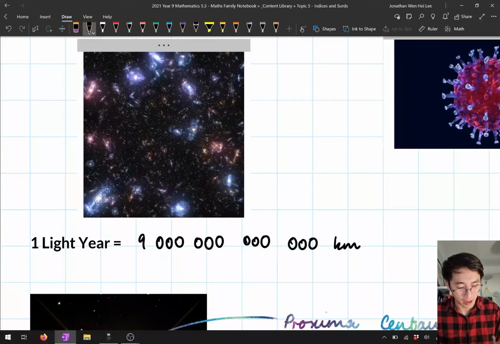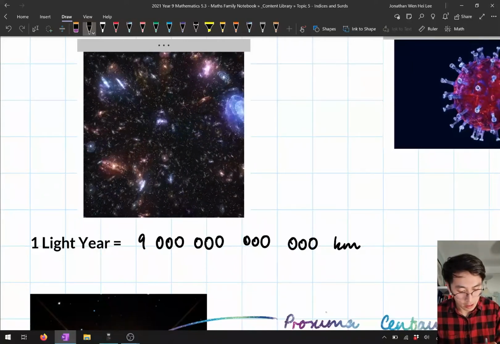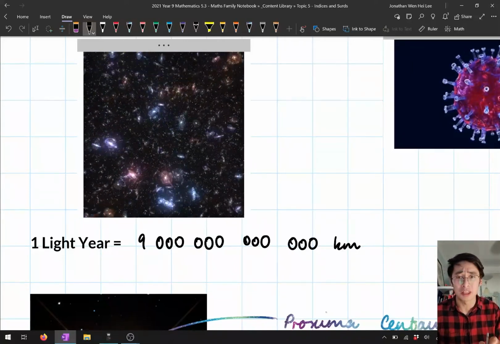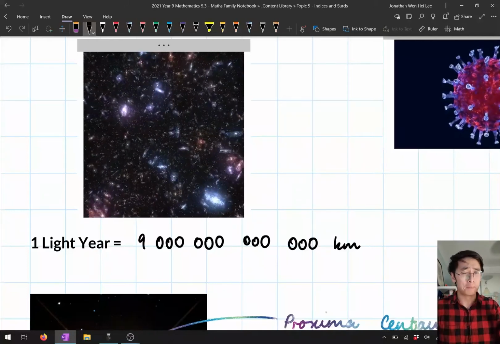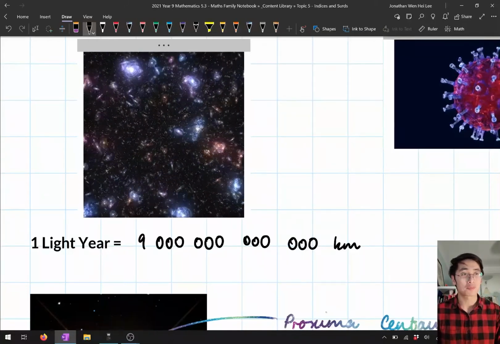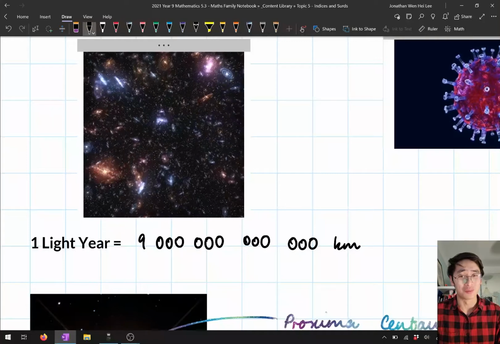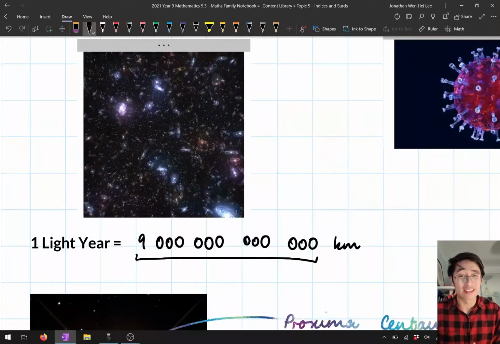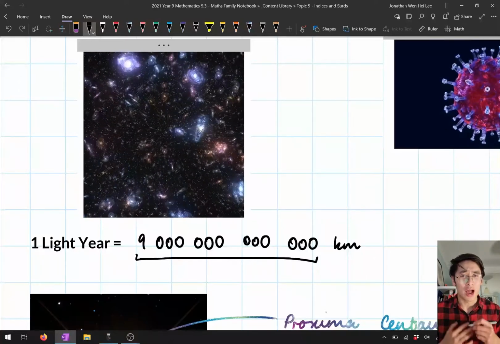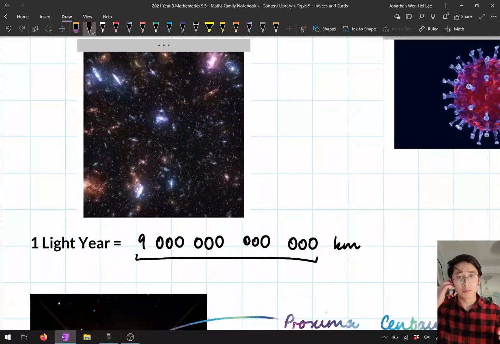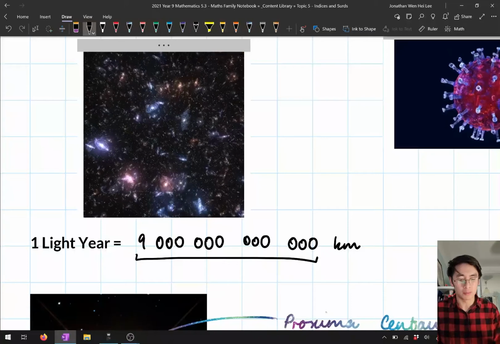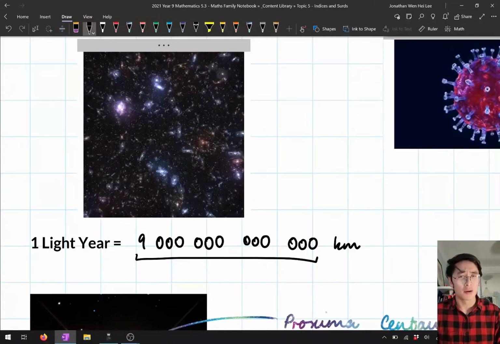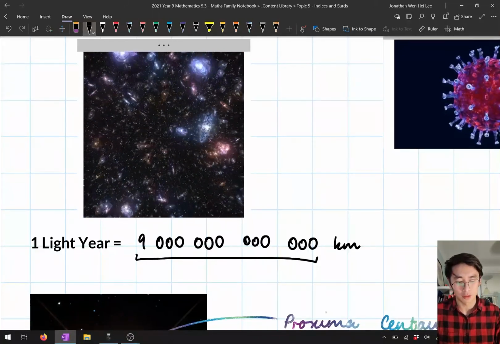I'm not sure how many that is, maybe 9 quadrillion kilometers. I'm not sure about you, but as I was writing this, it got a little bit annoying. So mathematicians don't want to write these large numbers, and they shorthand them using scientific notation. We'll talk about what that looks like in a moment.